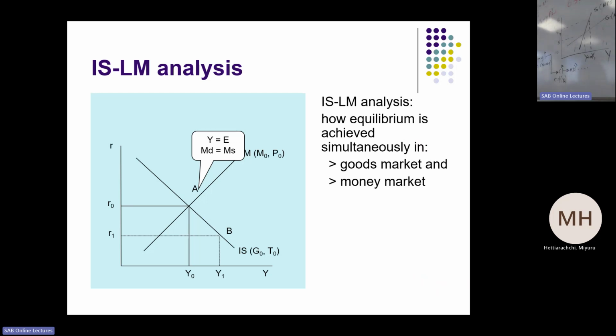But this point B lies on the IS curve only. So at point B we can achieve the real sector equilibrium, but money market equilibrium is not achieved. Therefore that is not the macroeconomic equilibrium. So at the Y1 income level is what the equilibrium is, and the equilibrium interest rate.